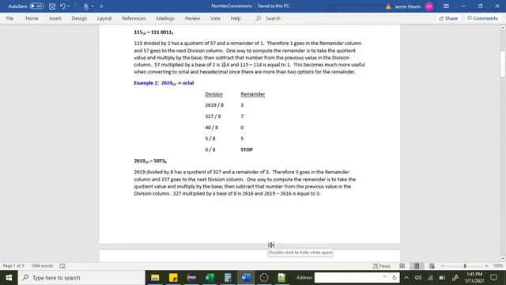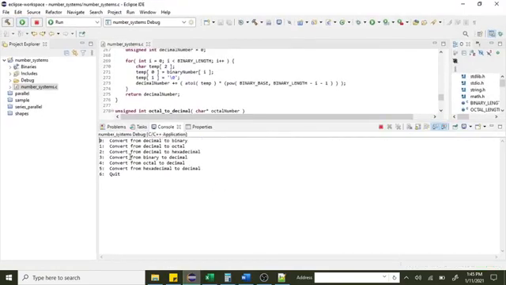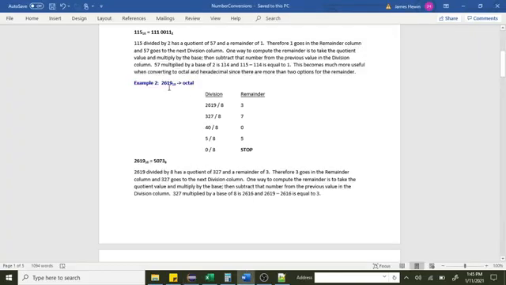And again, you can check this. If I use my program, I'm going to do option 1. We'll do base 10, which was 2619, and we will go to octal.